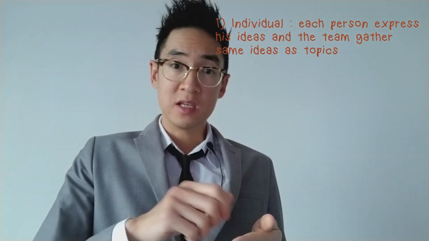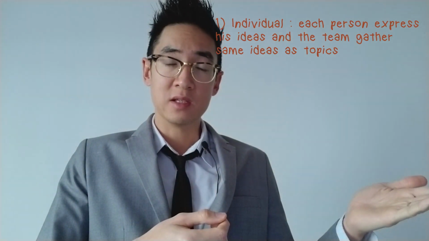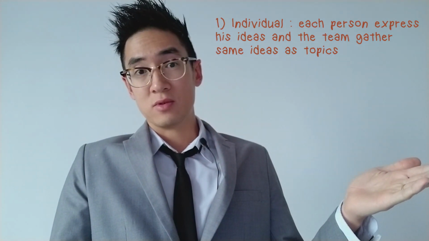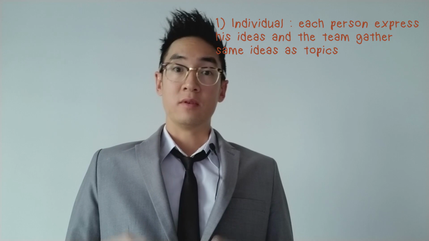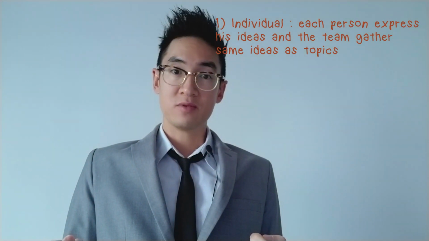There are several techniques to perform a retrospective, in the form but also in the content. First, I will treat the content. The first one is what we call the individual retrospective. That means that each person writes his ideas on sticky notes and presents them to the other members of the team, and then the whole team finds patterns as a group.